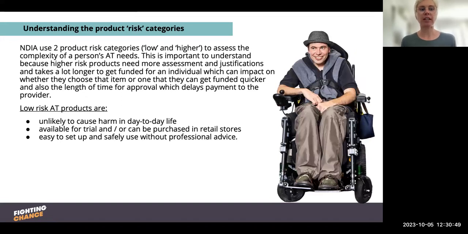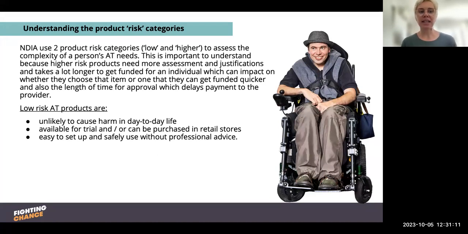So now we're going to look a little bit at the risk categories. I mentioned just a couple of slides ago the costs, so low cost, mid cost, and high cost. There's also low risk and high risk. So the NDIA use 2 product risk categories to assess the complexity of a person's AT needs.